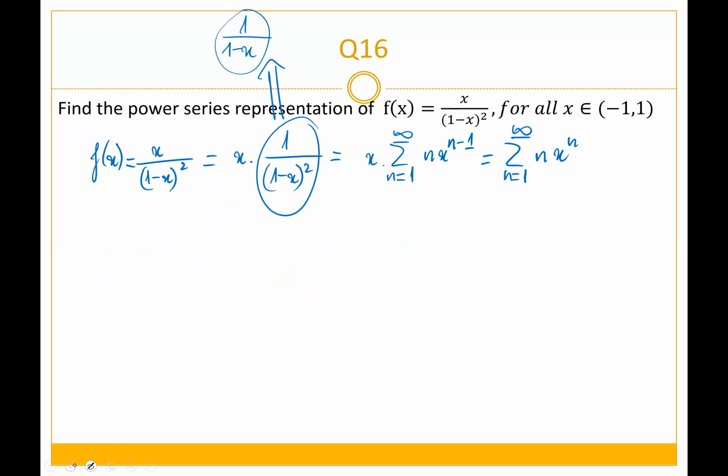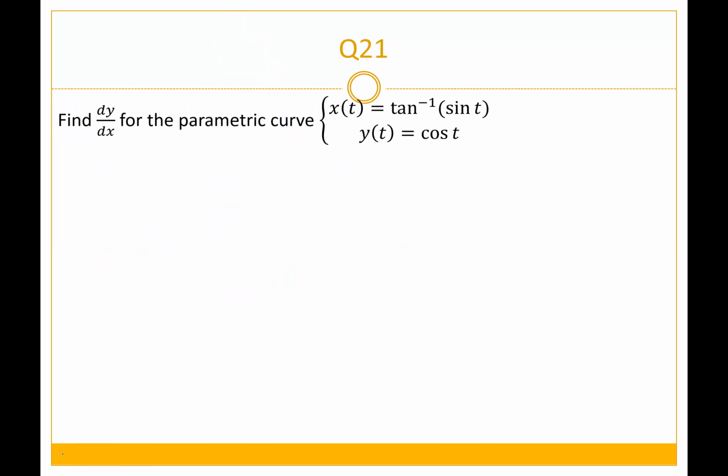So we have questions 21, 22, and 25, and then we're going to finish. So we have dy over dx for this parametric curve. Again, as I said, we're going to find the derivatives of y and x with respect to t separately. So that one is negative sine t.